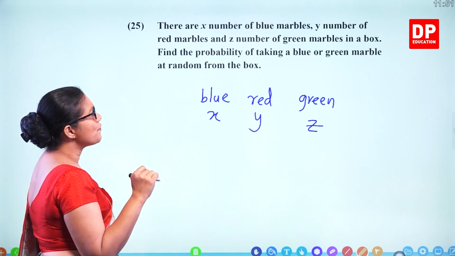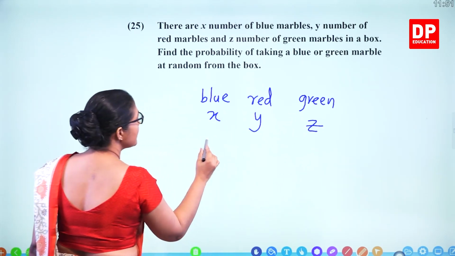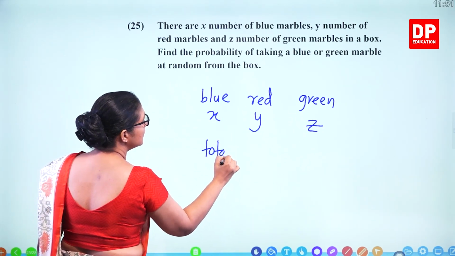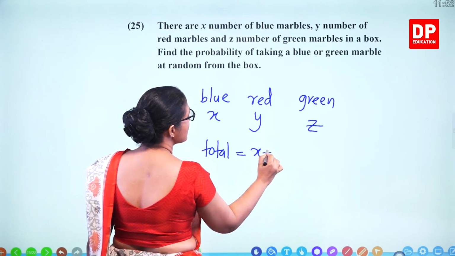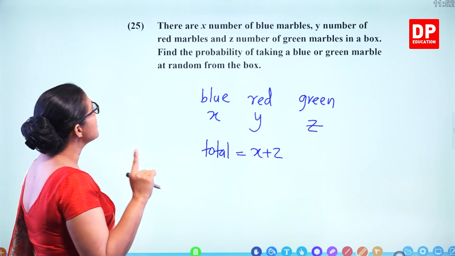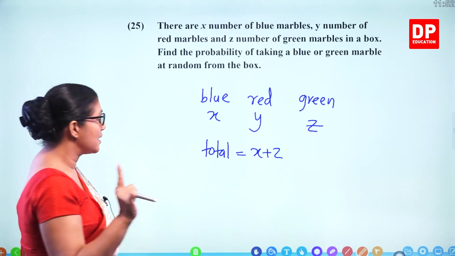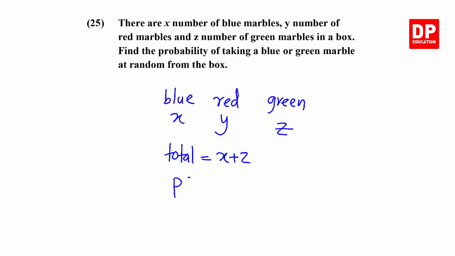Find the probability of taking a blue or green. Blue or green, that's the total X plus Z. Blue and green total is X plus Z. So what is the probability of getting a blue or green marble at random from the box?